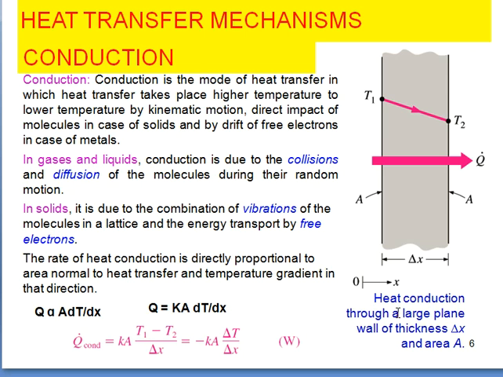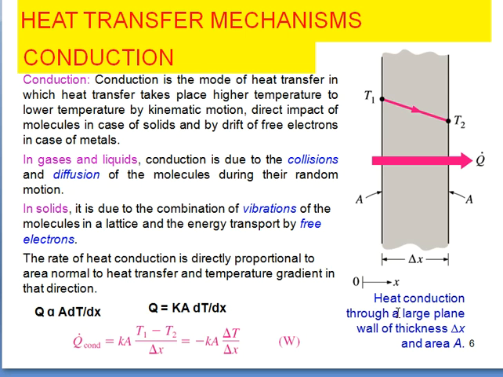In liquids and gases, conduction is due to the collisions and diffusion of the molecules during their random motion. In solids, it is due to the combination of vibrations of the molecules in the lattice and energy transferred by the free electrons.